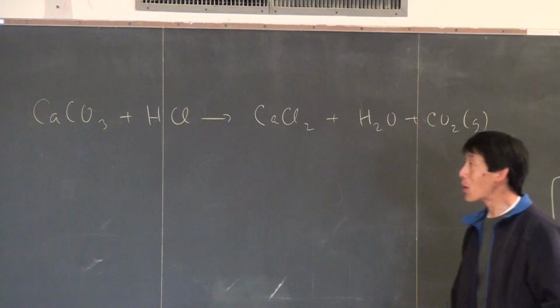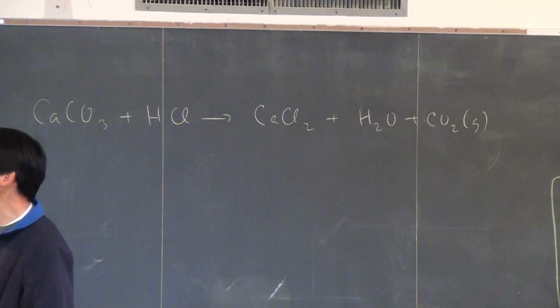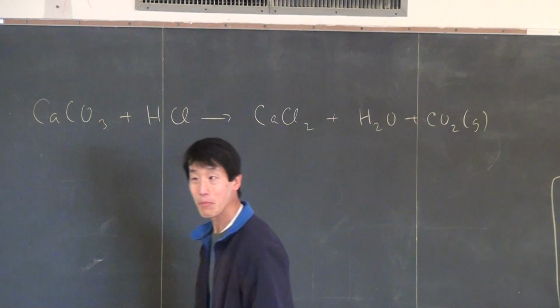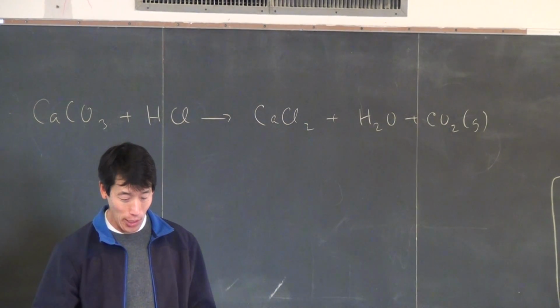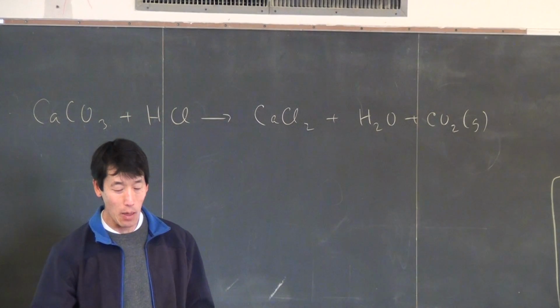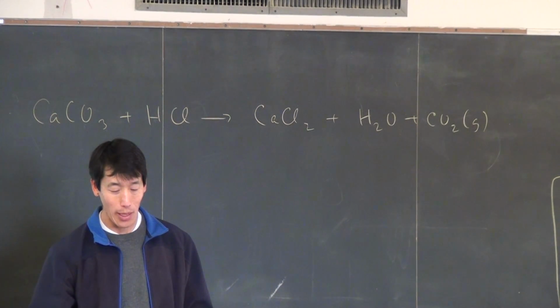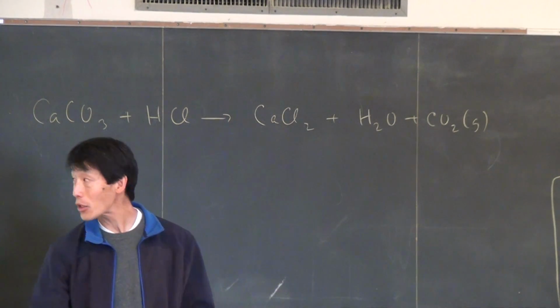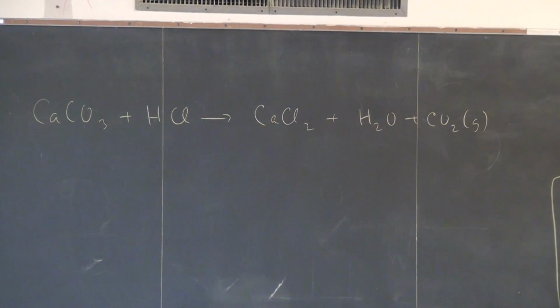Okay, so what equation would you use to represent the solubility of calcium carbonate? Okay, so let's go back one slide and take a look at this equation again. AB solid going to A plus aqueous plus B minus aqueous. So let's apply this equation to calcium carbonate.